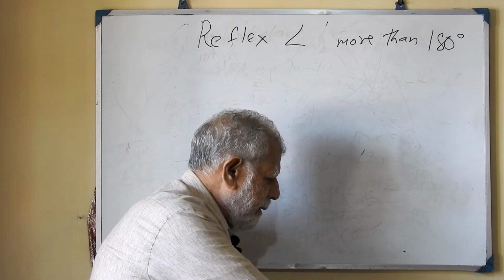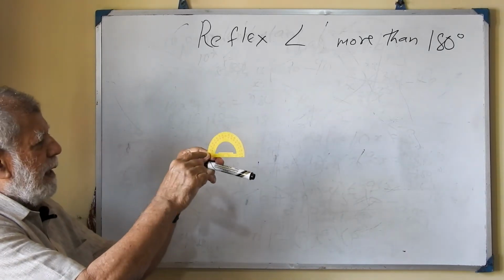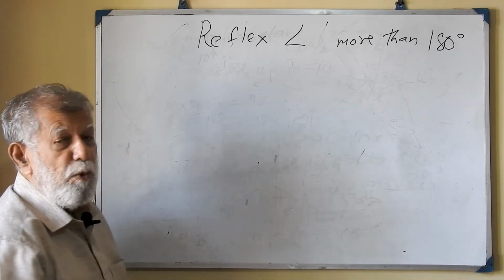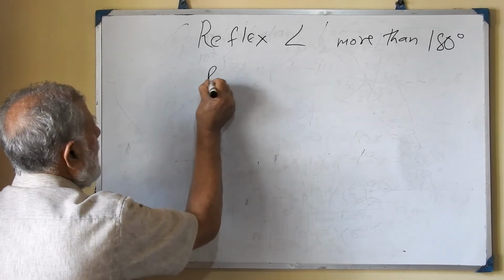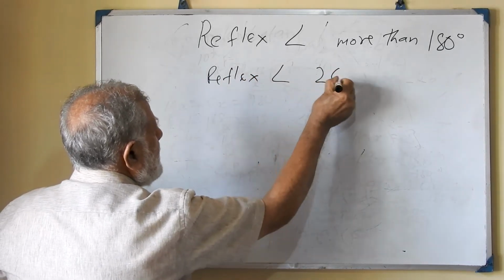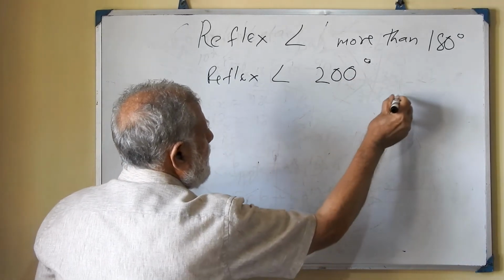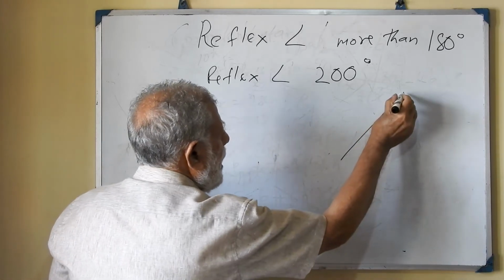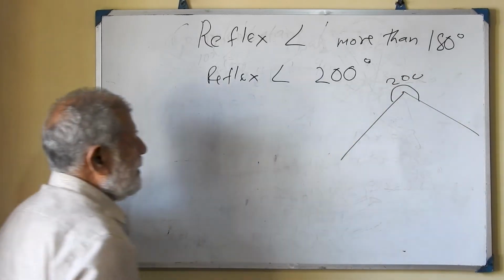Because the protractor has angles from this side, if you count even, it comes to 180 degrees. Here also 180 degrees. So how are we to draw a reflex angle which is more than 180 degrees? Supposing we want to draw a reflex angle of 200 degrees. How to draw this? So it will come like this.